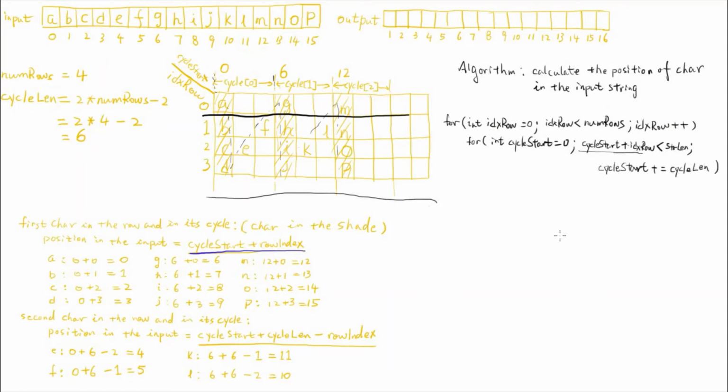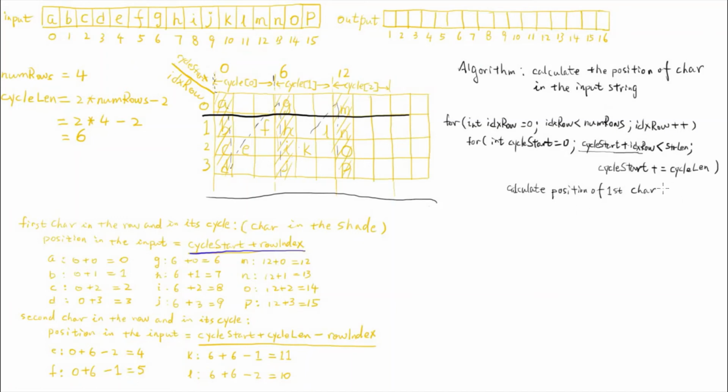The first step for each cycle in the loop is to calculate the position of the first character. So the first character is the character in the shade. So here we calculate the position of the first character.